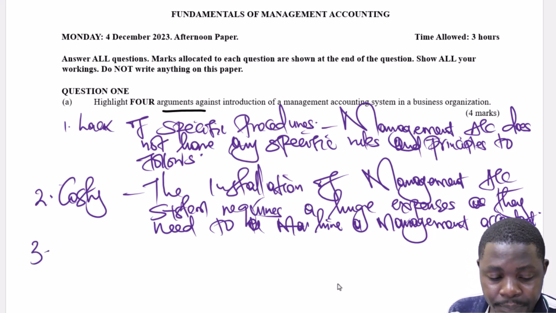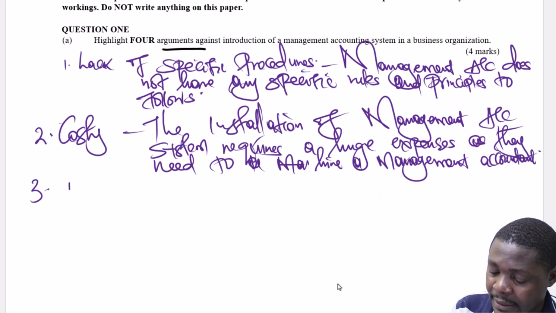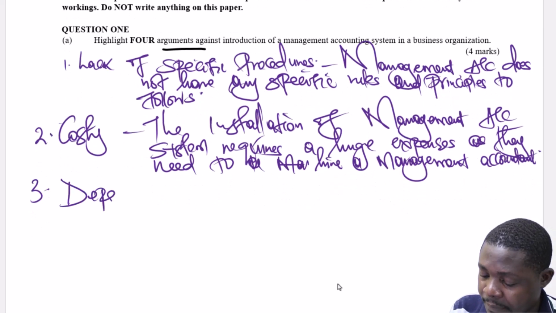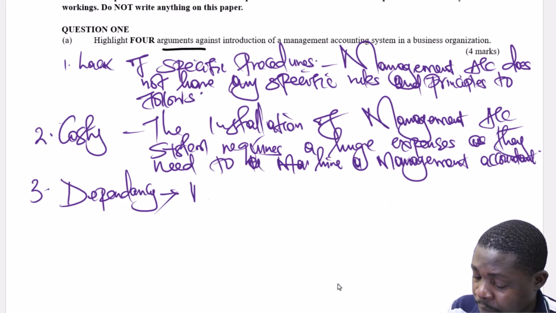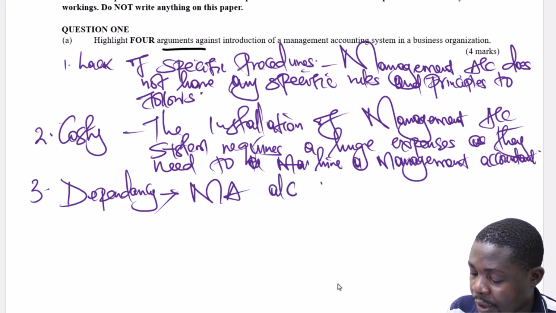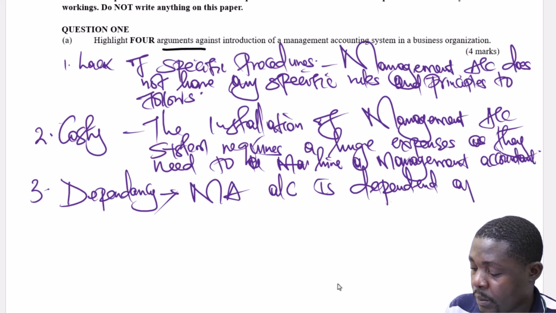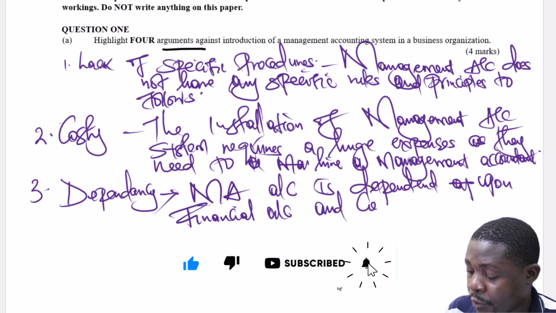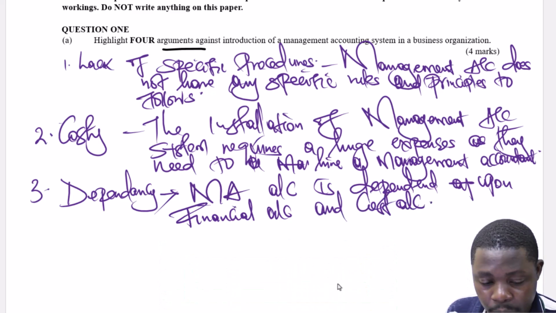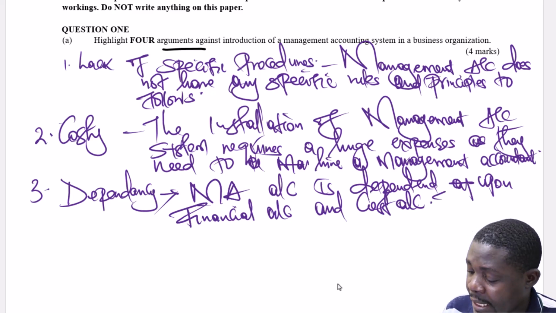Number 3, we talk of dependency. That's another argument against. Dependency says that management accounting is dependent upon financial accounting and cost accounting for various data.